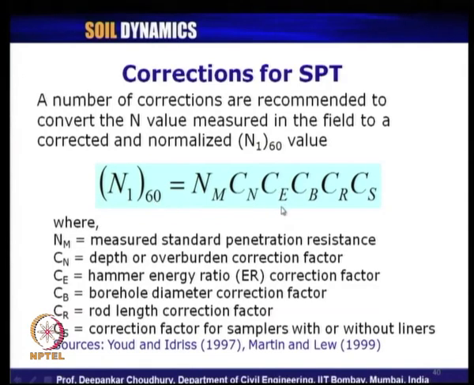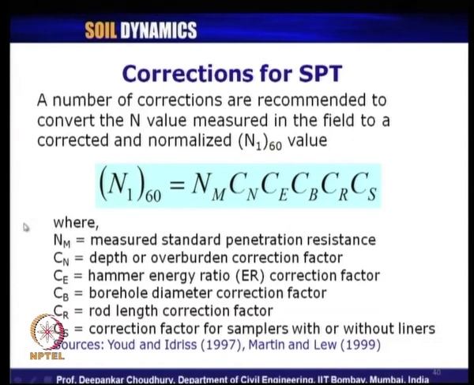But if your transmitted energy is more than 60%, if you are so active and vibrate it so frequently that you are able to transfer a huge amount of energy, say you have transferred 75% of the energy of the hammer to the sampler, correction is required. And if you are extremely slow and supplied much less energy than the standard value of 60%, you again need correction.